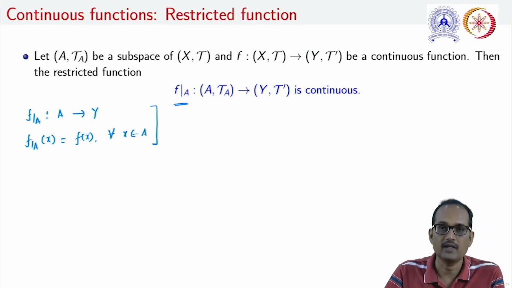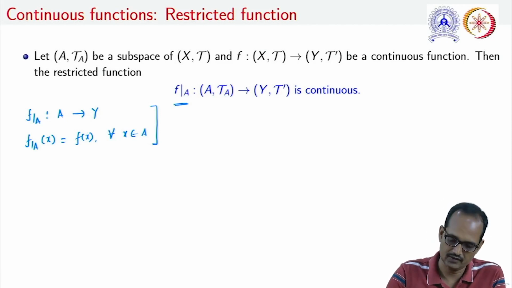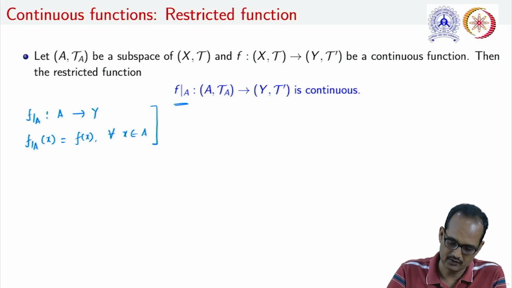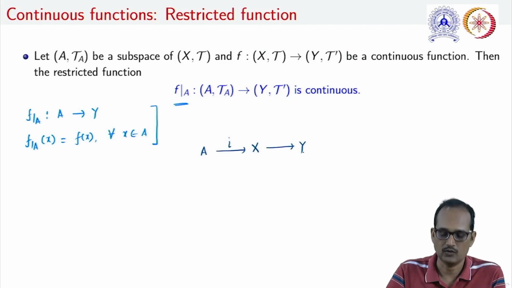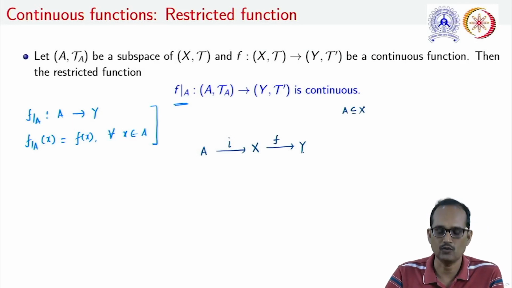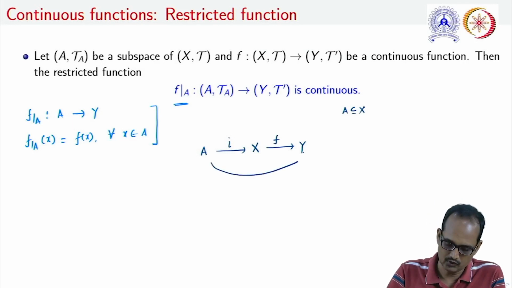In order to prove that this is a continuous function, let us see an interesting thing here. It is already given that f is a continuous function from X to Y. Also, we can define an inclusion function I from A to X, as A is a subset of X. Note that this is f from X to Y. Now let us take their composition.